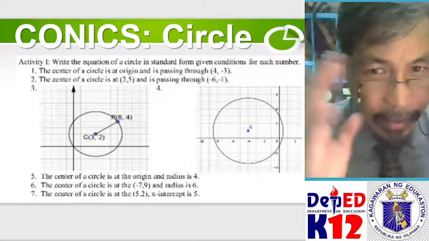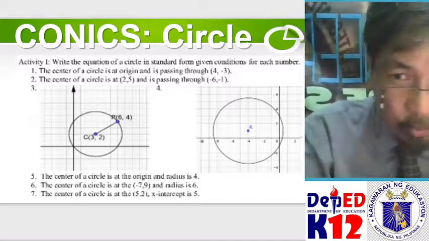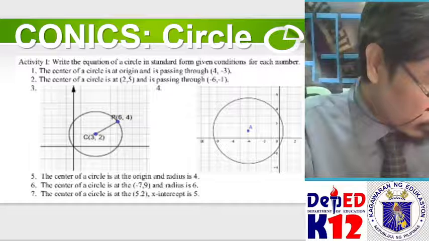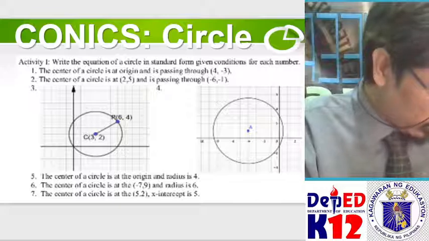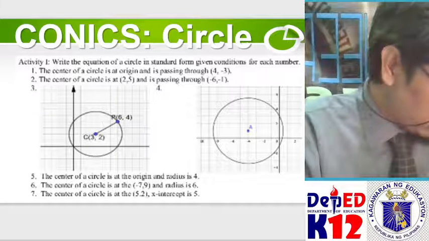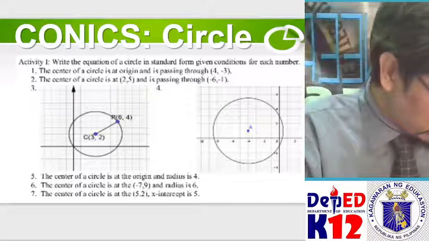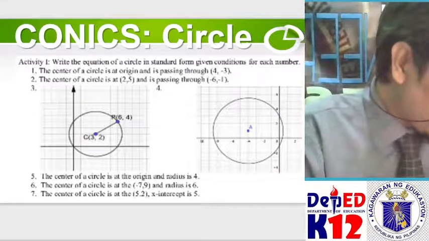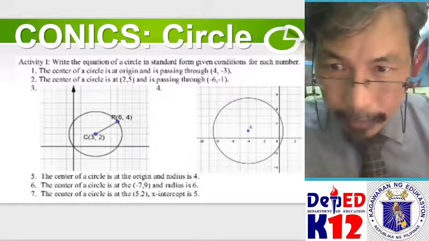So that ends our discussion of the concept. We are given the center and point P, and therefore we can solve this problem more straightforwardly, because we know the distance from the center to point P. That is the radius, and you can observe that the distance is just equal to 2.